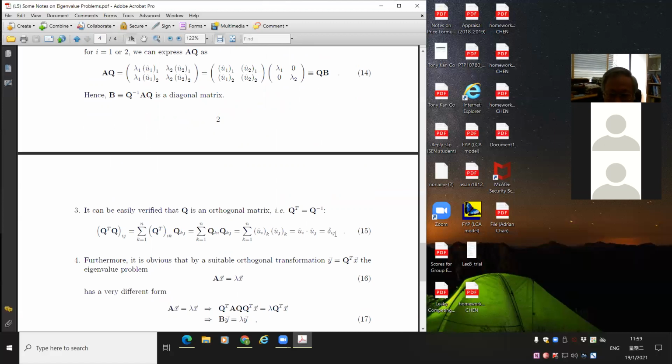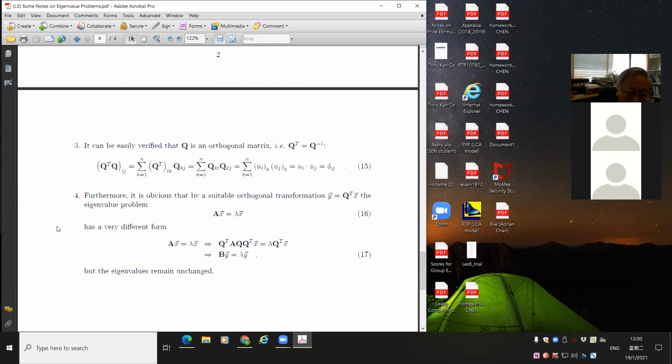Okay, so we have shown that in fact the Q transpose is equal to the Q inverse. And we have a special name for this kind of matrix, orthogonal matrix. So the Q inverse in this case is simply the Q transpose. So it can be done very easily.